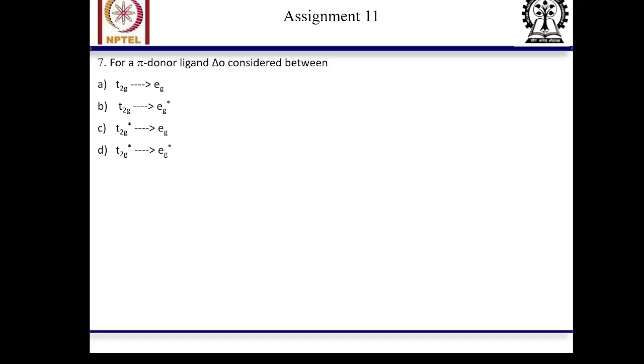Okay, so let me explain first. What Rajendra sir is saying is basically he is taking the normal crystal field theory. So we have the splitting, we have this T2g, we have Eg, and this is delta 0, right? So this is crystal field theory.